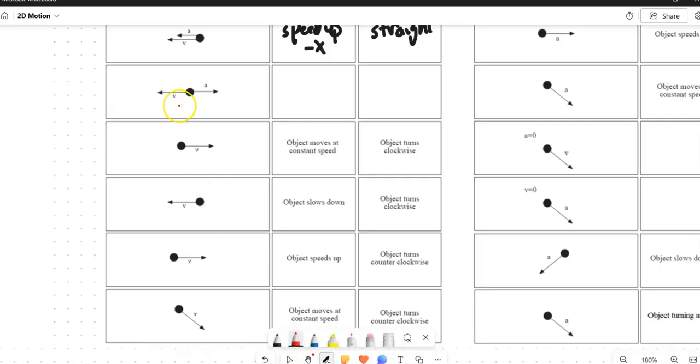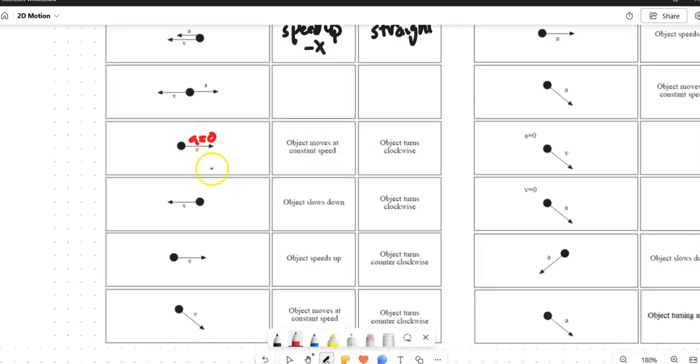So the acceleration vector in line with this is going to be equal to 0.